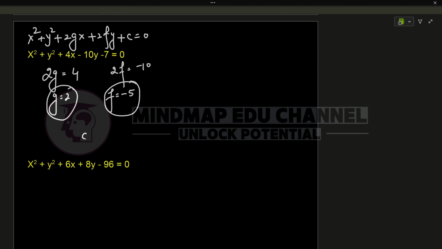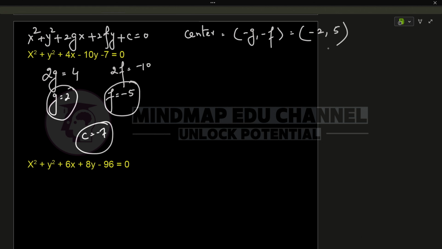And the value of c is minus 7. So the center is given by minus g, minus f. Therefore, minus g is minus 2. Minus f is minus, minus will become plus. Hence, the center is minus 2 and 5.